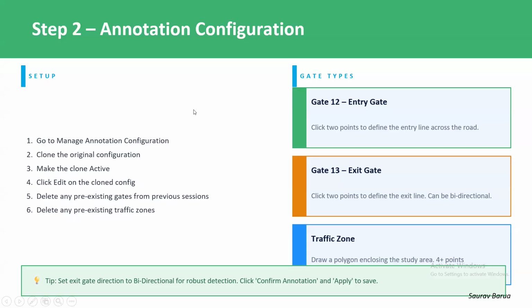Then we have to save it. After that, we click the confirm annotation tick mark and save it. For the traffic zone, again we have to draw a polygon. Selecting the polygon, we need at least four points to define the polygon study area.